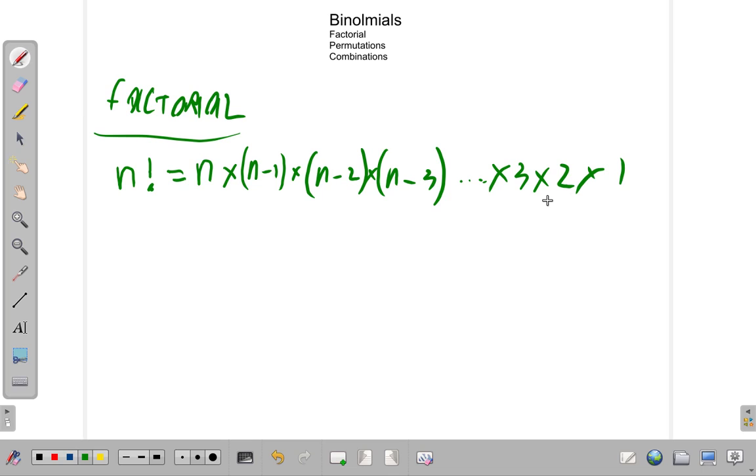That generally is what is referred to as the factorial.